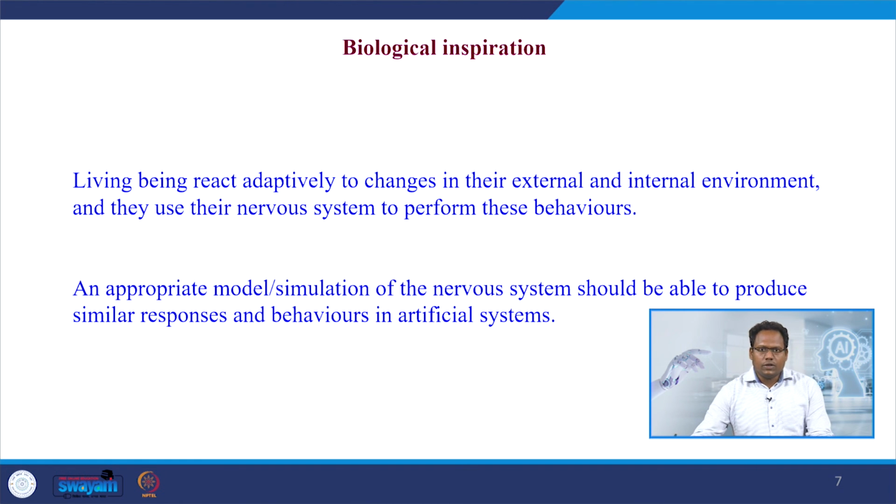Now, the artificial neural network must replicate this behavior. Thus, an artificial neural network is basically an approximate model or simulation of the nervous system that should be able to produce similar responses and behaviors in artificial systems.